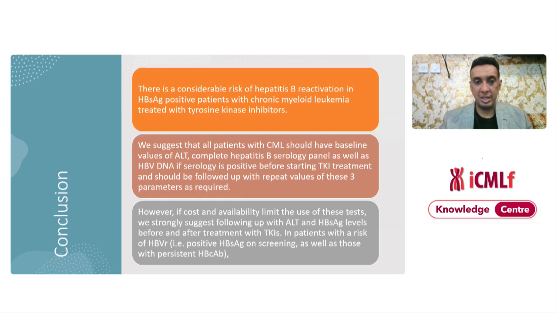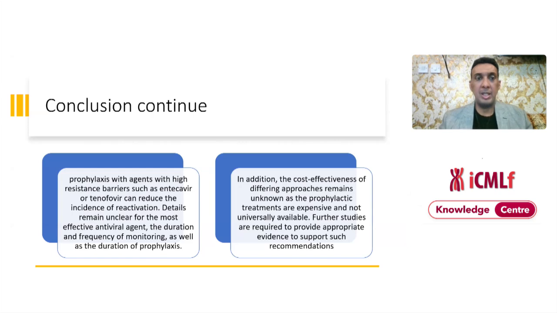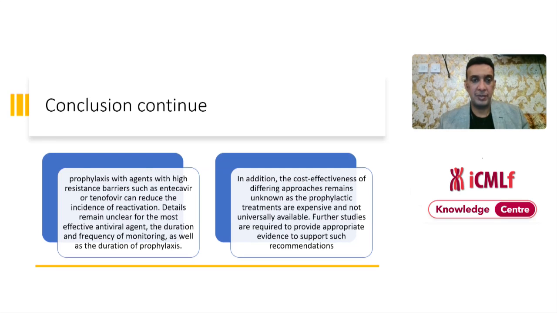In patients with a risk of hepatitis B virus reactivation, positive hepatitis B surface antigen on screening, as well as those with a persistent hepatitis B core antibody, prophylaxis with agents with a high resistance barrier, such as entecavir or tenofovir, can reduce the incidence of reactivation.